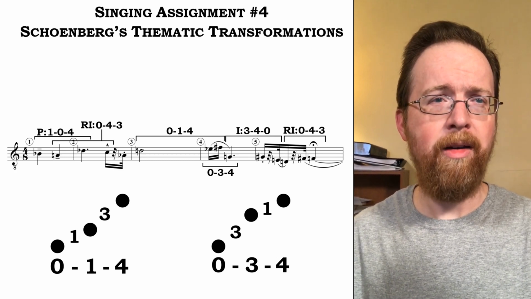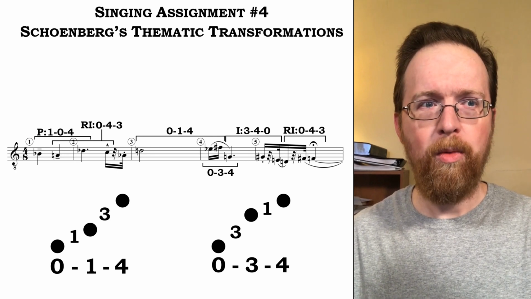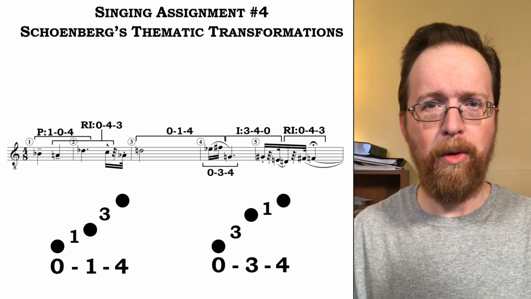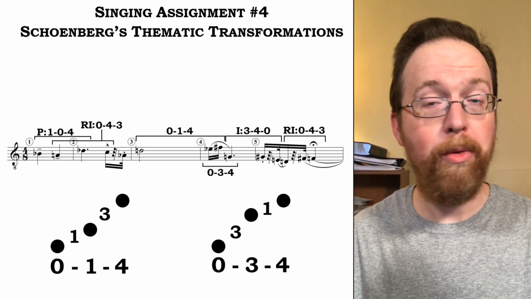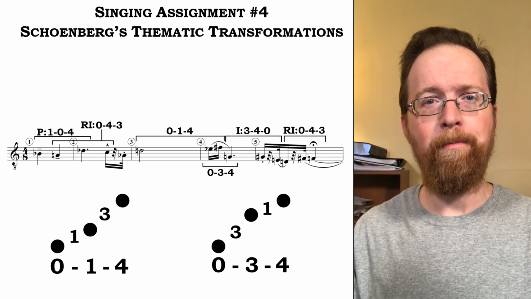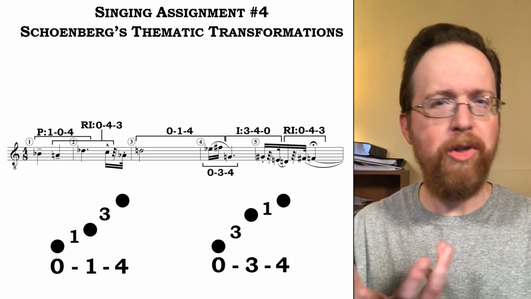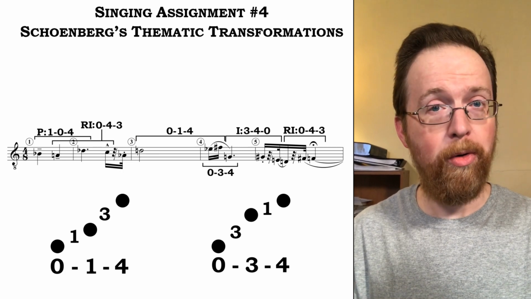By the way, what's the relationship between trichords numbers 3 and 4? If we assign number 3 as a prime form, what form is number 4? How does it relate back to it? How do we go from up 1, up 3 to up 3, up 1? Since both forms are rising the whole time, do you see that it can't be inversion or retrograde?